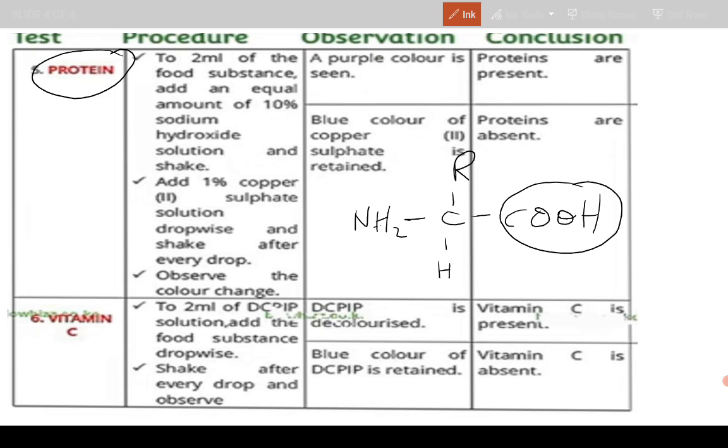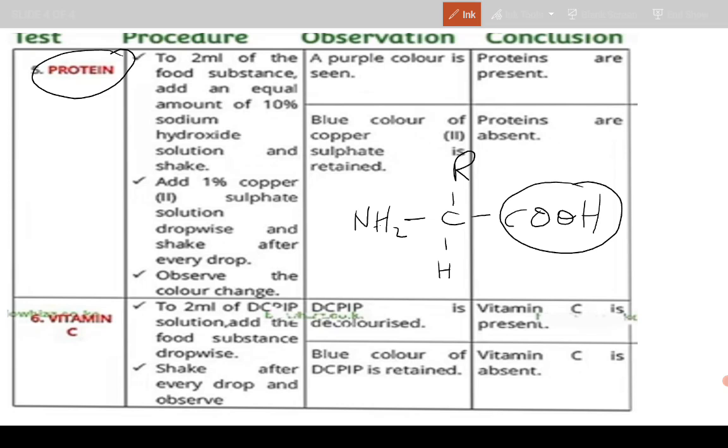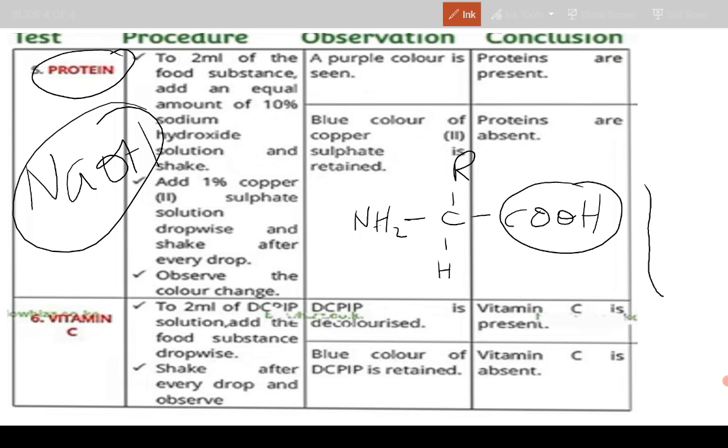So in order to test a food sample for presence of proteins, to 2 ml of the food substance, add an equal amount of 10% sodium hydroxide solution and shake. Okay, so sodium hydroxide solution is the NaOH. So you add this to the food sample, usually in a test tube.